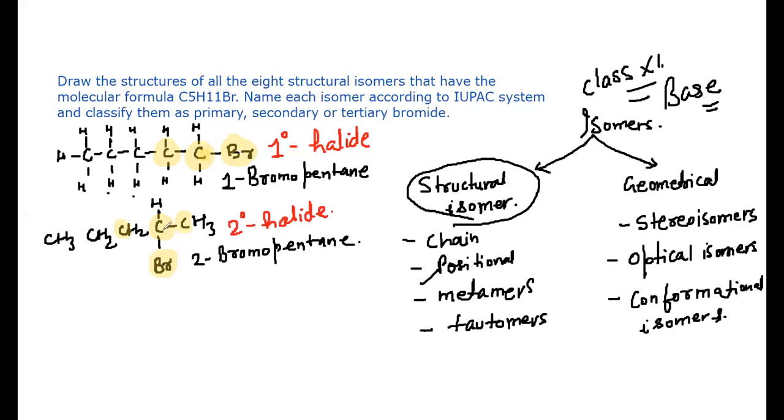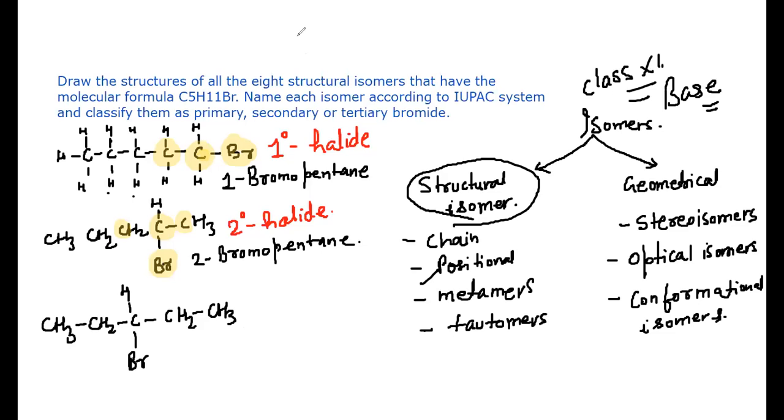Next, we'll bring this bromine over here. CH3, CH2, CH, Br, CH2, CH3.